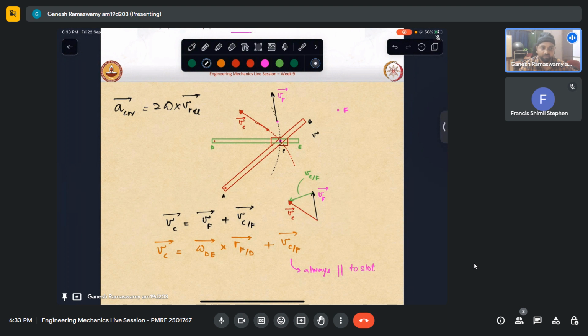C is not moving with respect to you because you are rotating with AB and C is pinned to AB. So in such a case, VREL is 0. So there is no Coriolis component in that case. Whereas if you are rotating with DE, you can see, because this is a prismatic pair, a slider, it is actually moving. In which case there is non-zero VREL. In which case there will be Coriolis component. Is it clear? Yeah, yeah.